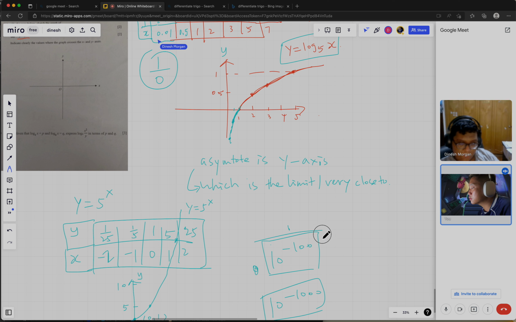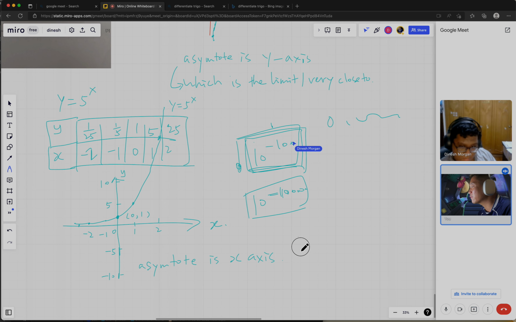Punch 10 to the power of negative 100 into your calculator, and that's like 0.0000 with many zeros. If I give you this, then you ask what about 10 to the power of negative 1000? Then another student might try to be funny: what about 10 to the negative 1 million, then 1 trillion? There's no end.